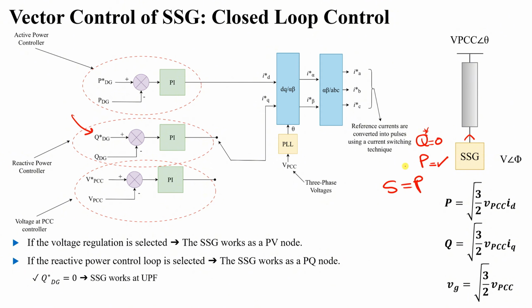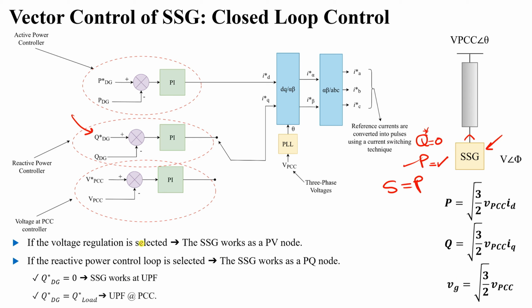Only active power needed. And Q equal to 0 means that our static synchronous generator, or the interface, is working at unity power factor. The generator works at a unity power factor of 1. Why? Because it only gives active power, and Q equals 0.